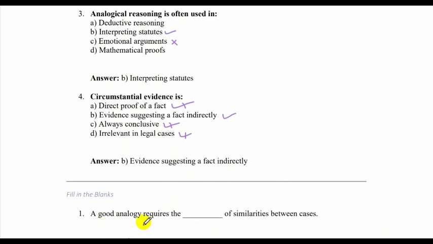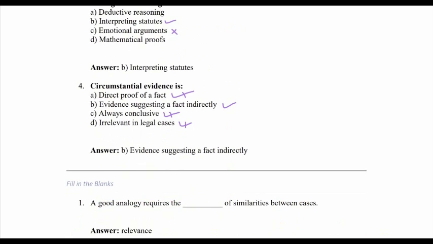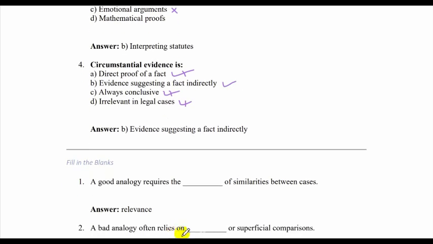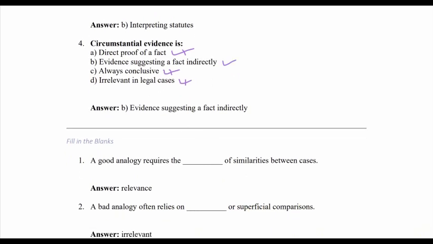Okay, a good analogy requires the dash of similarities between cases. A good analogy requires the relevance of similarities between cases. A bad analogy often relies on the dash or superficial comparison. Irrelevant or superficial comparison.